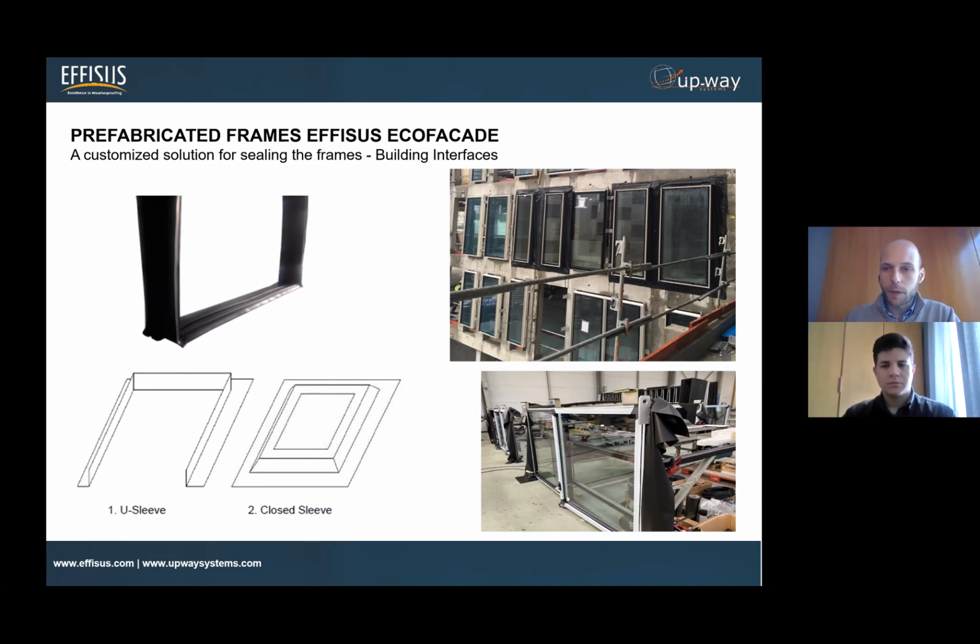Okay, not every project benefits from having a prefab frame, of course, but when, for instance, you have many windows with the same dimension, or some repetition, some similarity between windows that would allow you to use the same type or the same dimensions of the prefab frame, this is something that should be taken into account in your project.